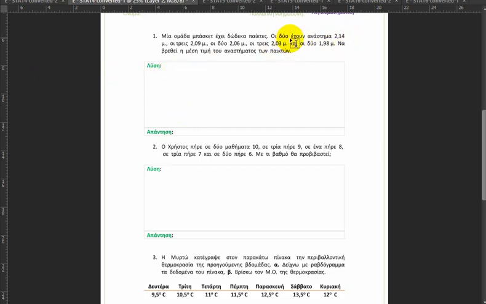So to do that, you first of all need to notice that it doesn't just tell you that this one player is 2.14 and the other player is 2.09. No, it says 2 of the players have a height of 2.14 and 3 of the players have 2.09 and 2 of the players have 2.06 and 3 have 2.03. So you need to add those numbers as many times as it says.